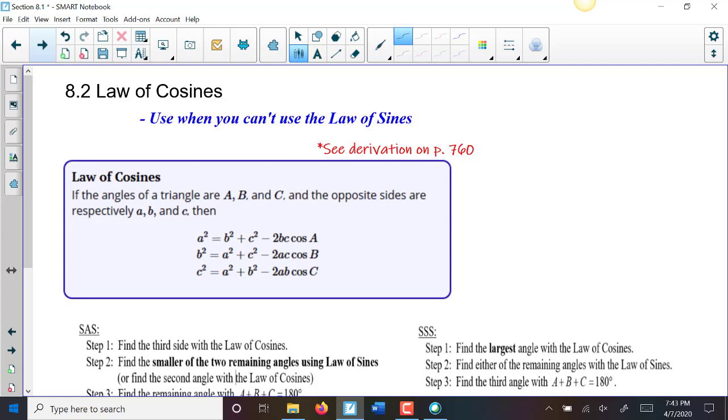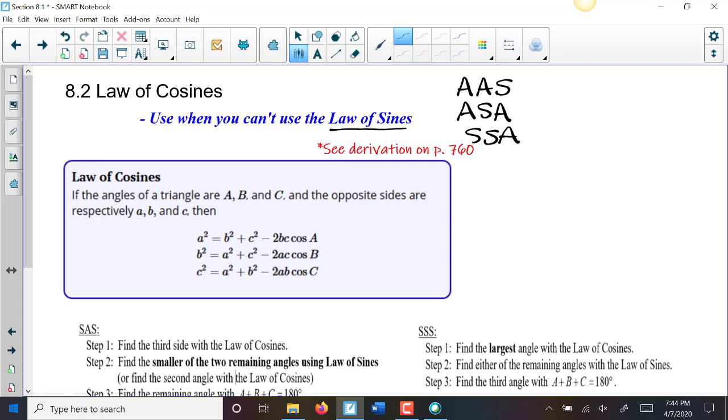So basically, here's what I say. If you can't use the law of sines, then you use the law of cosines. So law of sines, remember, requires that we have an angle and a side opposite. So it's angle, angle, side, two angles and a side opposite one of those; angle, side, angle, two angles and the included side; or side, side, angle.